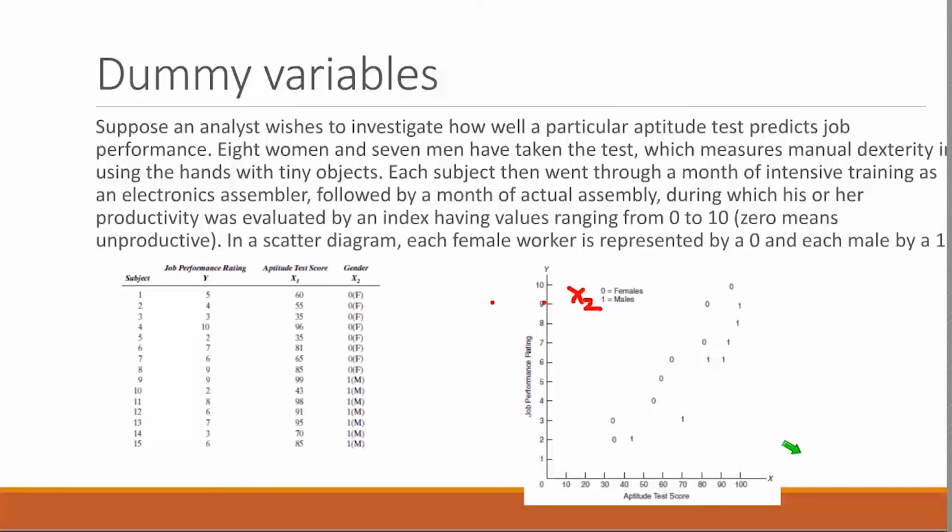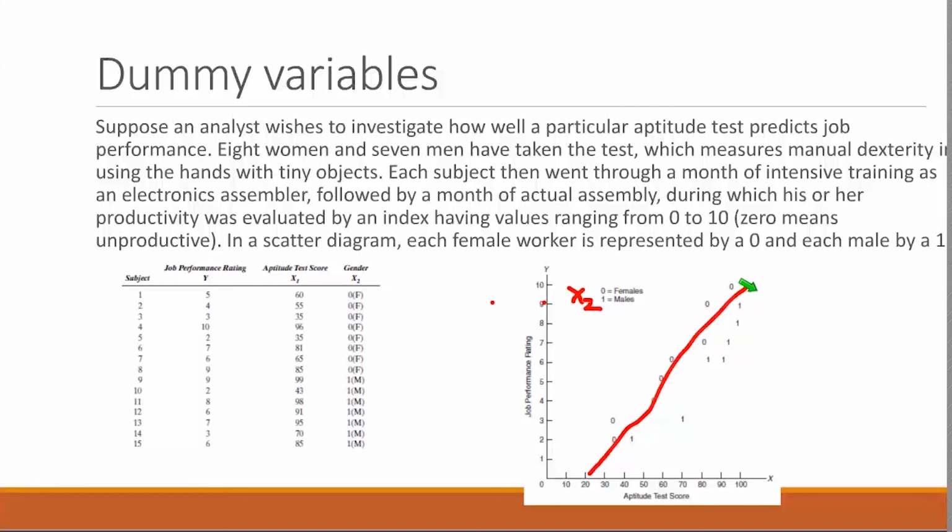Otherwise, if we mix it together, think about it. If we mix all of those together and don't care about the gender, then most likely if we fit a straight line regression, it will be somewhere in the middle, which is not very close to 0, not very close to 1.